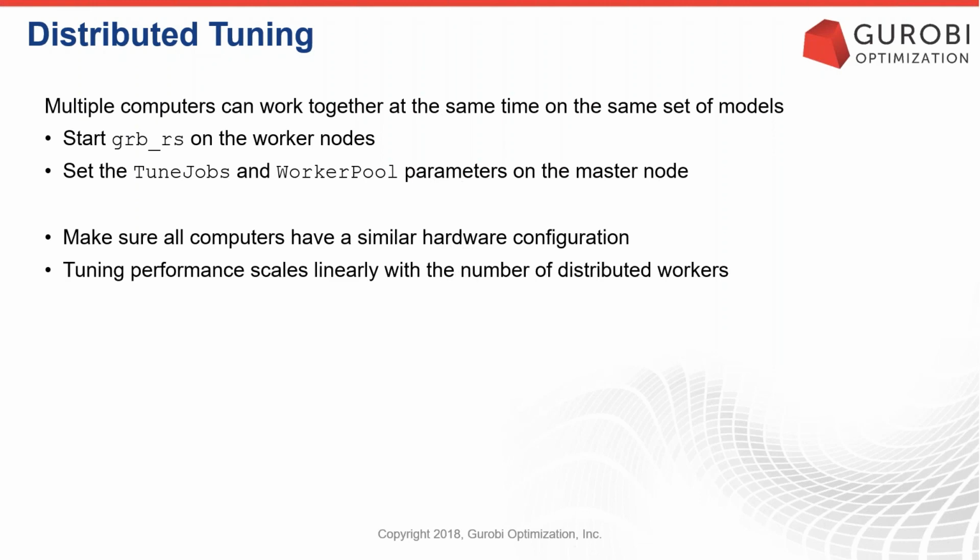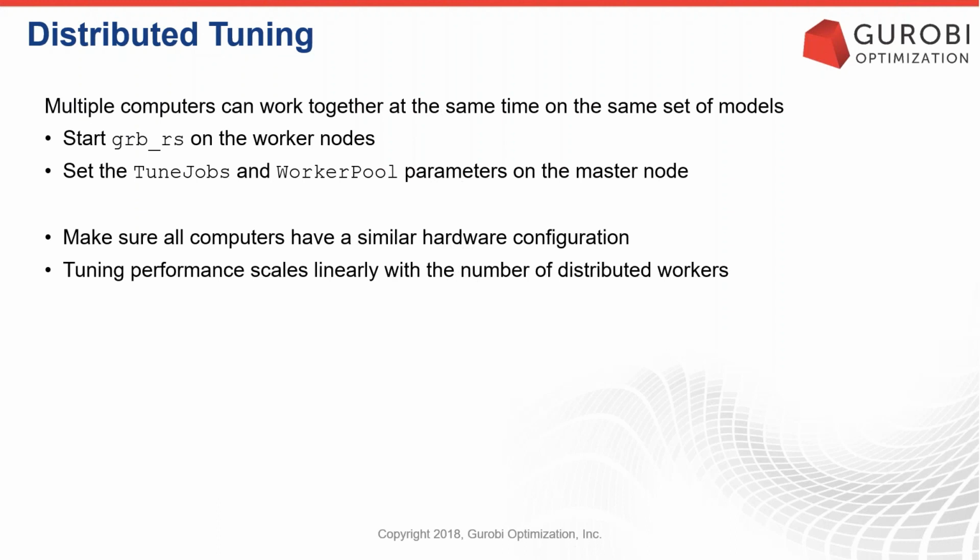The important thing here, especially if you work with time limits, is to make sure that the hardware is similar. If you use very slow and very fast machines at the same time for tuning, it's likely that the results will not be meaningful because, of course, on a slower machine, the result will not be better within the same wall clock time.